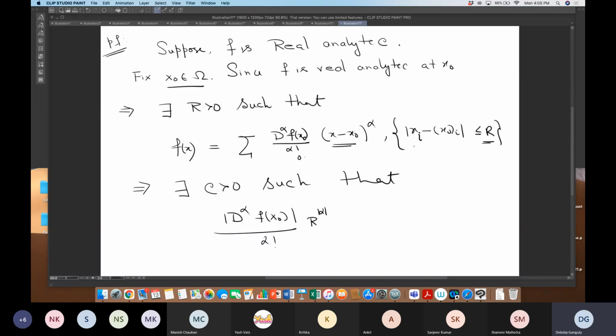But we know that the series converges at R also, since it is real analytic, so each xi minus x naught i is at most R. So R to the power mod alpha. Is that clear? Yes or no? Where mod alpha is alpha 1 plus alpha 2 plus and so on up to alpha n. Okay, there exists a C such that the sum is less than infinity.